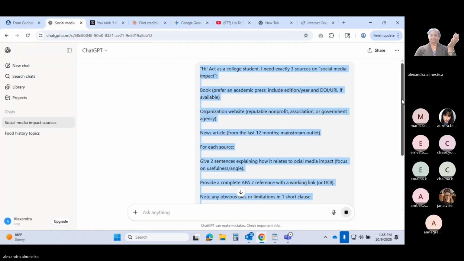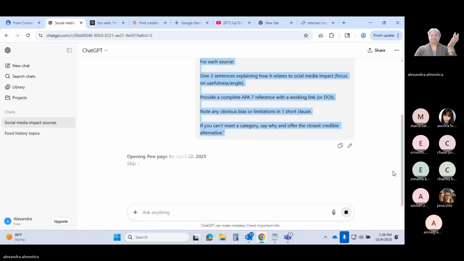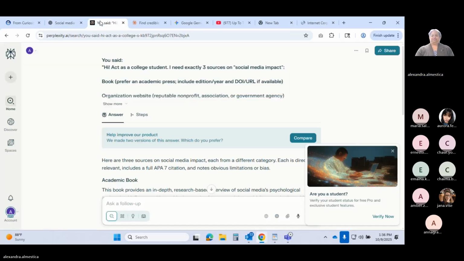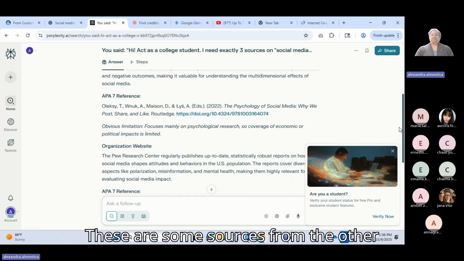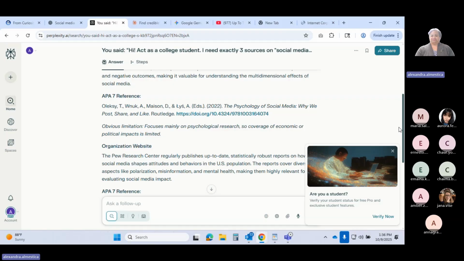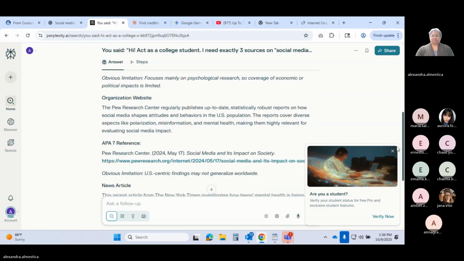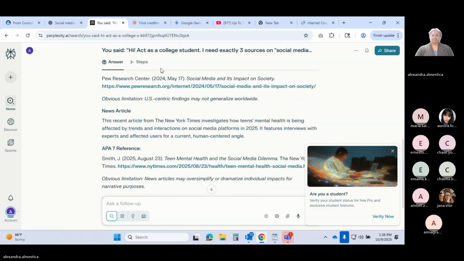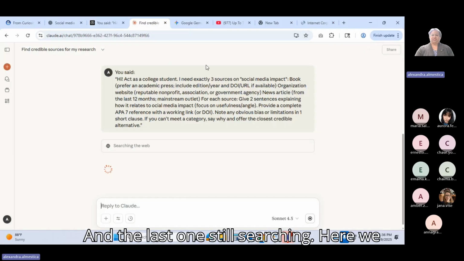Let's see. It's gathering something from the web. These are some sources from the other one. And the last one is still searching.